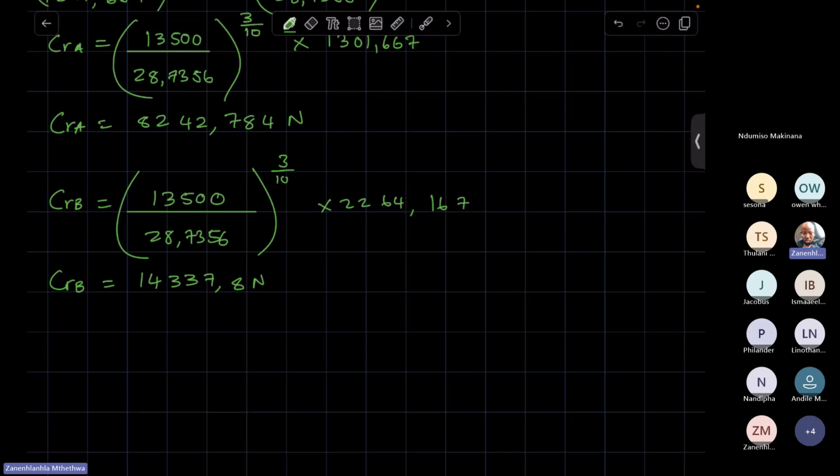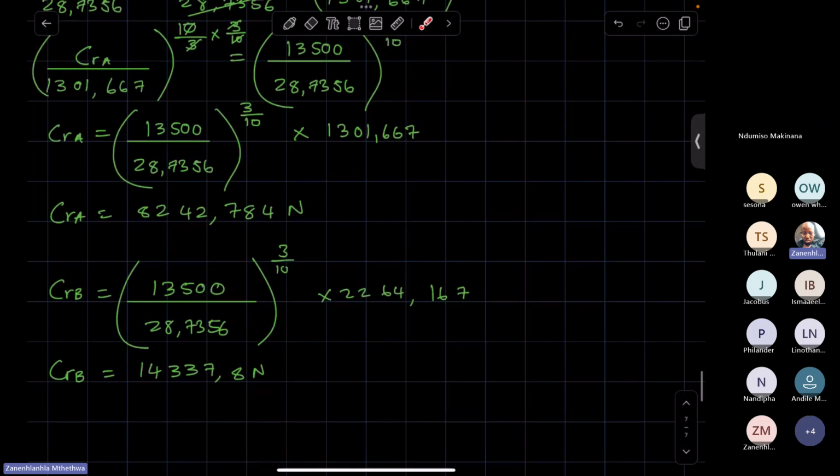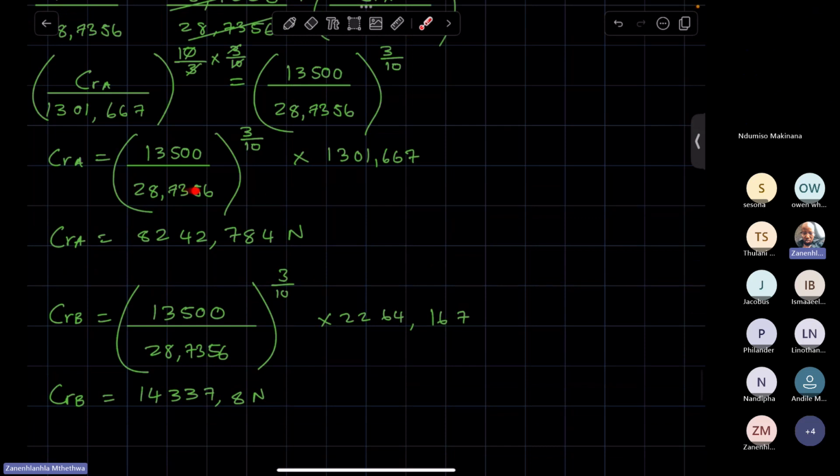Because remember, the final answers must definitely be rounded off to 3 decimal places. Now for accuracy, as you can see, sometimes I round off to 4 decimal places, but that is because I want my answers to be as accurate as possible.